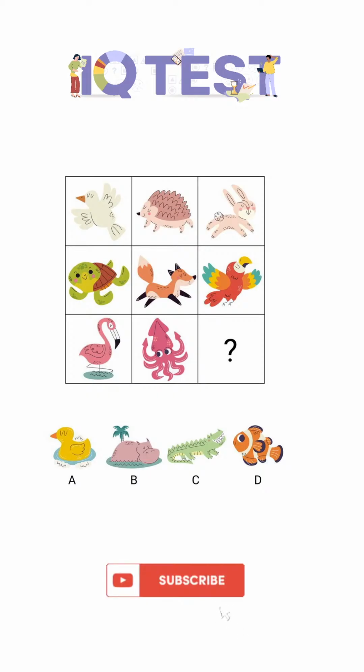So is it option A, which is the duck, option B, the hippopotamus, option C, the alligator or crocodile, then option D, the fish, the koi fish.